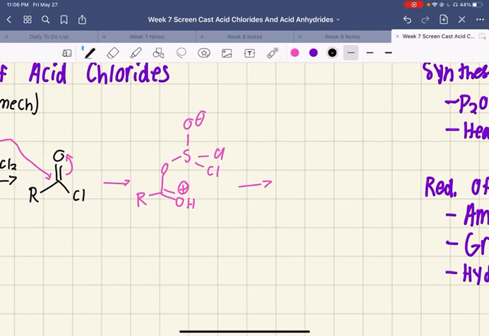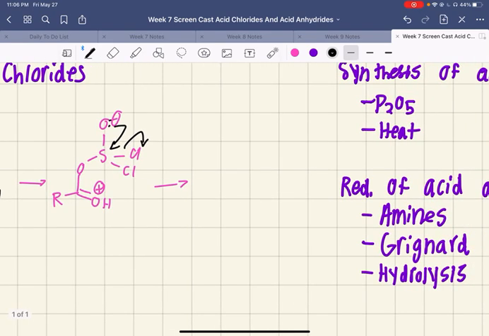Next will be the two lone pairs coming down to the silicon and kicking off a chlorine. This oxygen will be positively charged. Silicon will now have a double bonded oxygen and a chlorine.